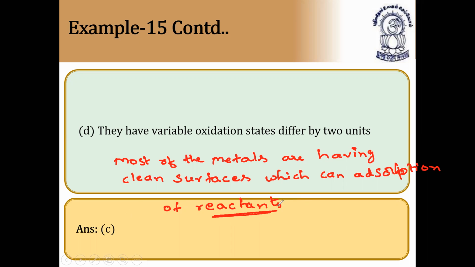As the reactant molecules come closer to each other, it leads to lower activation energy. This we have discussed in chemical kinetics also. So metals produce a clean adsorption surface by which the reactants are getting adsorbed, due to which the activation energy of the reaction gets lower, and the reaction takes place faster. That's why most of the metals are used as catalysts.